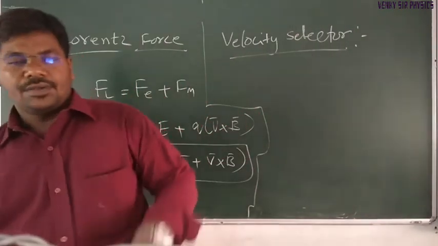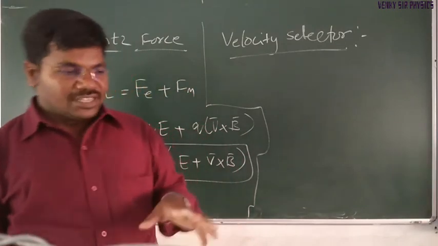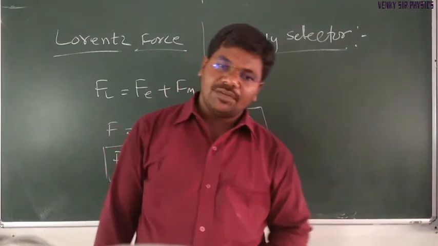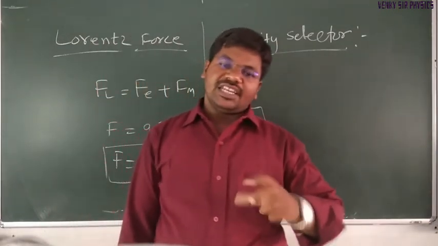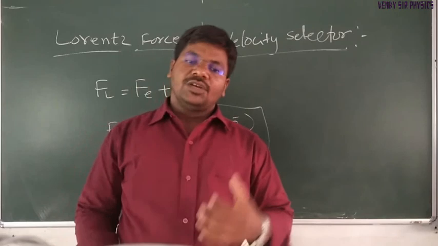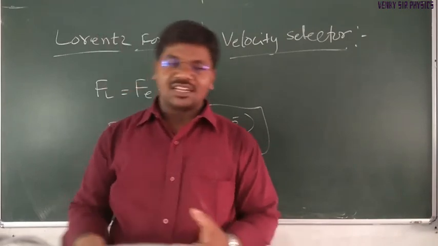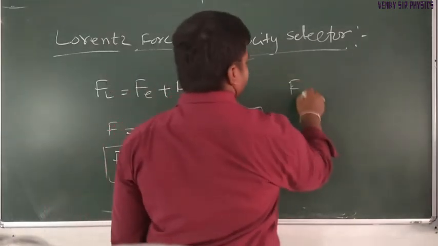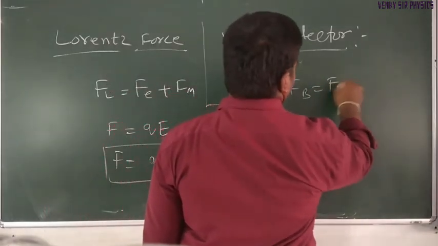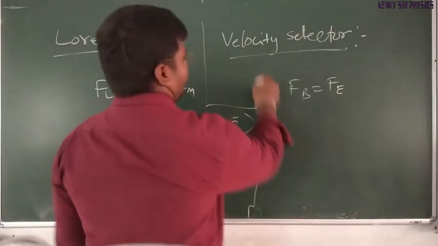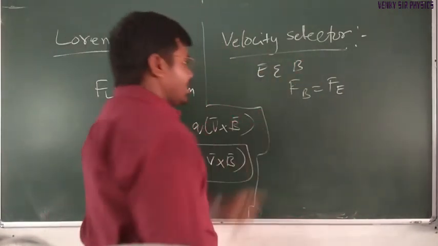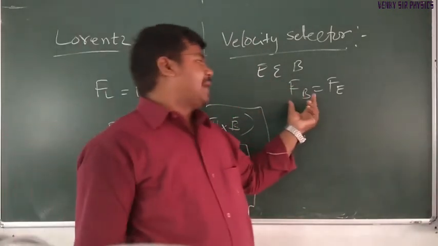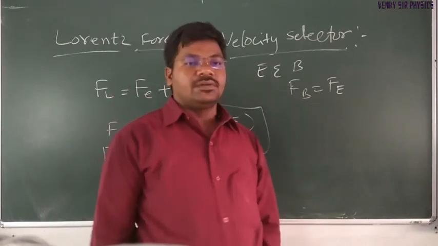When a charged particle moves in an electric and magnetic field, with the help of the intensity of the electric field and magnetic field, we change the electric field and magnetic field until the magnetic force gets equal to the electric force.